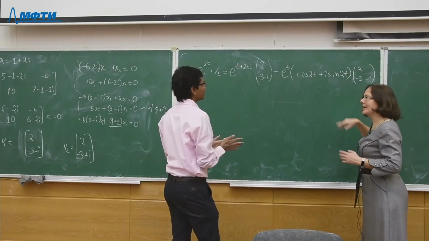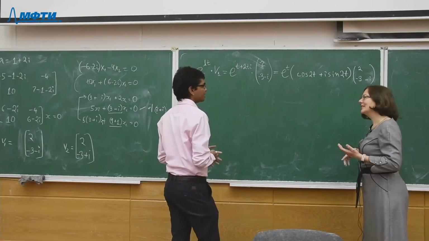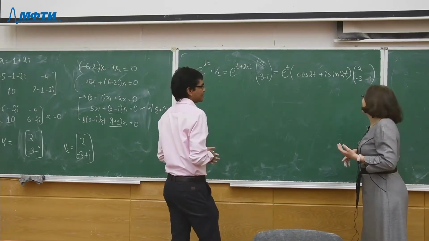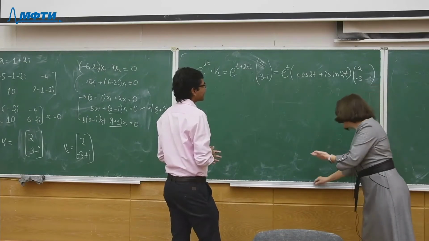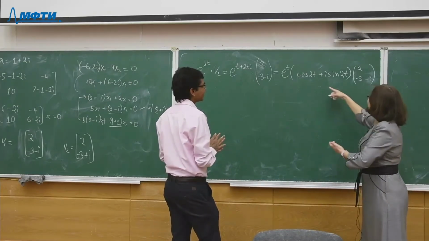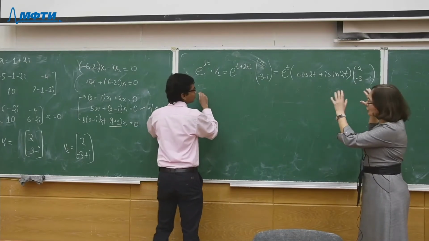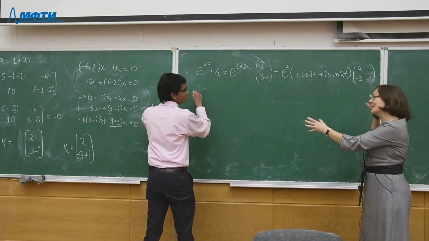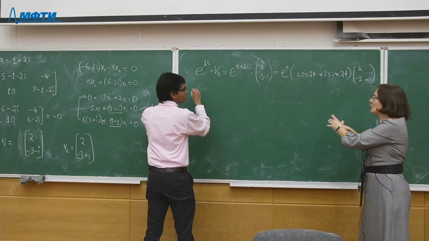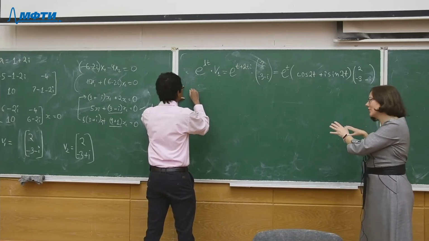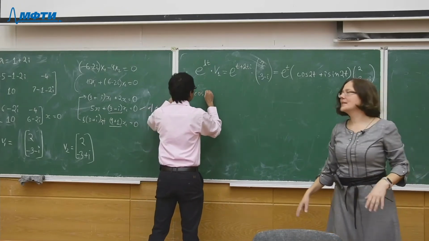What do we do with the imaginary part? First of all, let's multiply, and after this, you will have two vectors, the real part and the imaginary part. And in the answer, you should take the linear combination of these two parts. This is the idea.